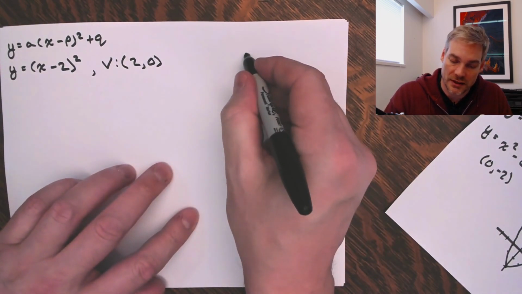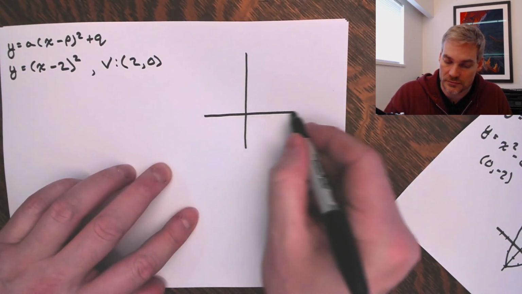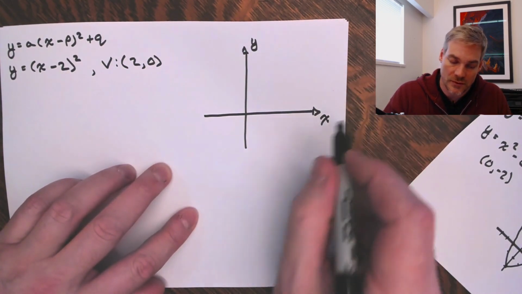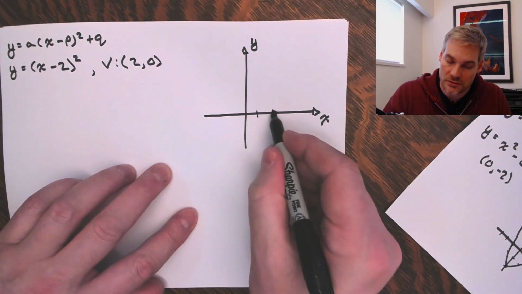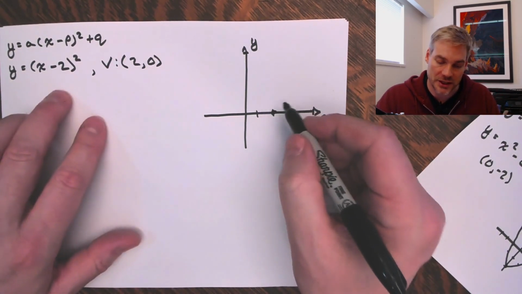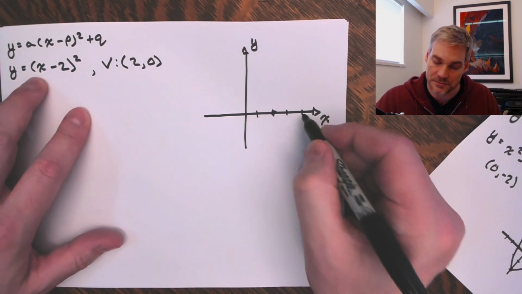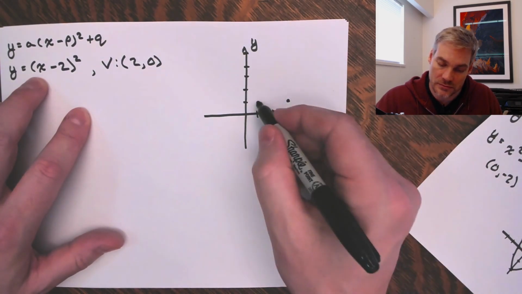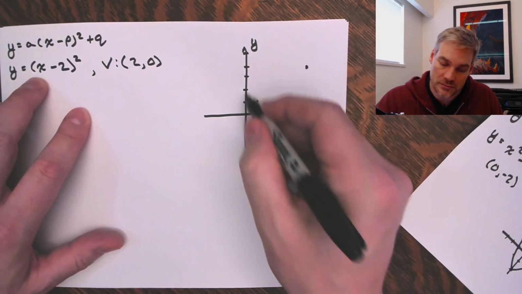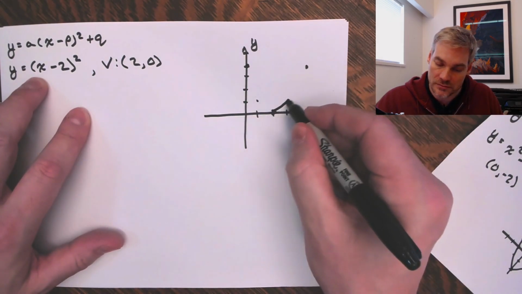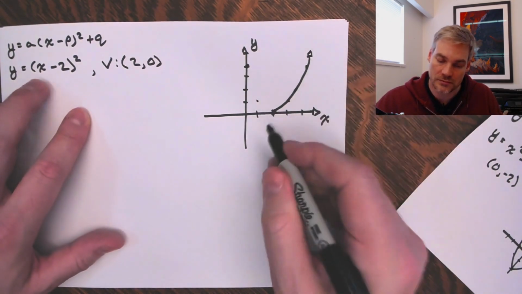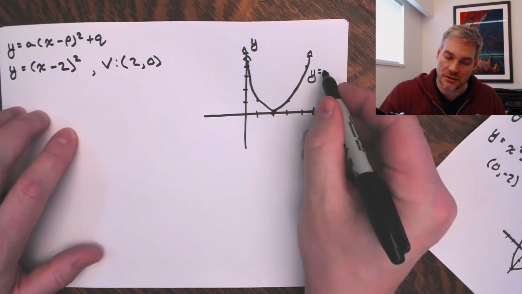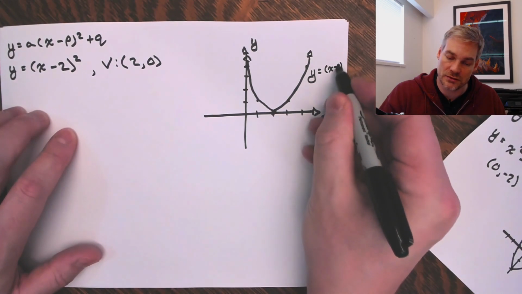So let's try and graph this out over here. Our vertex is 2 spots to the right, and the shape hasn't changed. It opens upwards. This is y equals (x minus 2) squared.